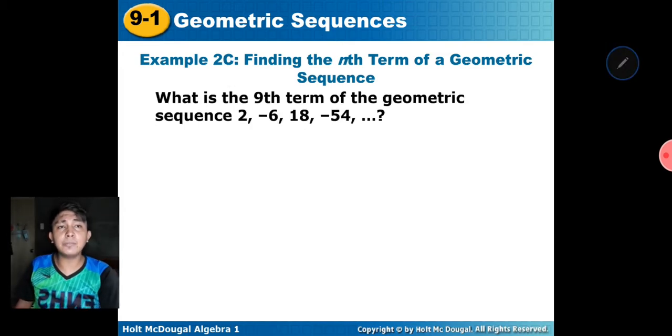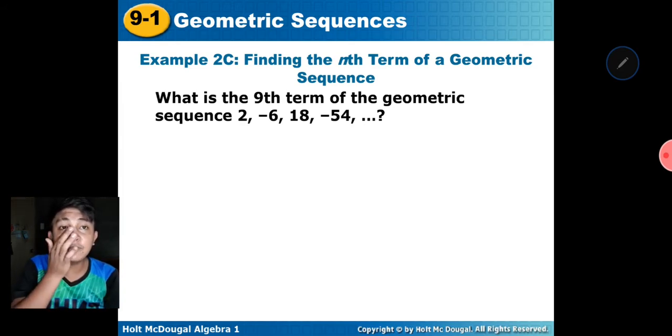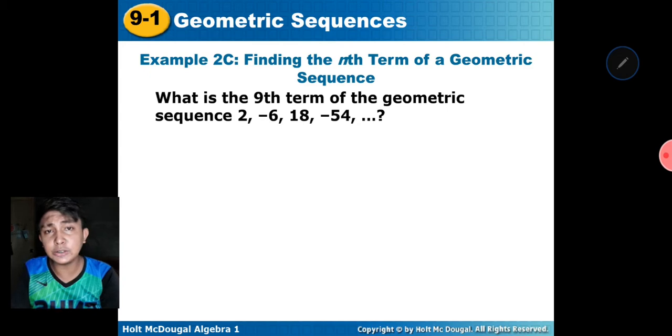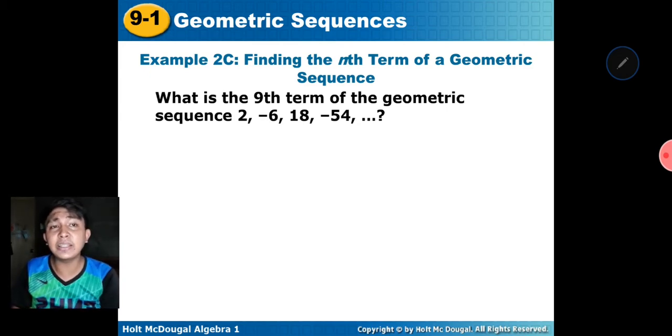What is the ninth term of the geometric sequence? 2, negative 6, 18, negative 54. Okay, ito na naman yung example na alternate yung signs ng ating mga terms. So, positive, negative, positive, negative.